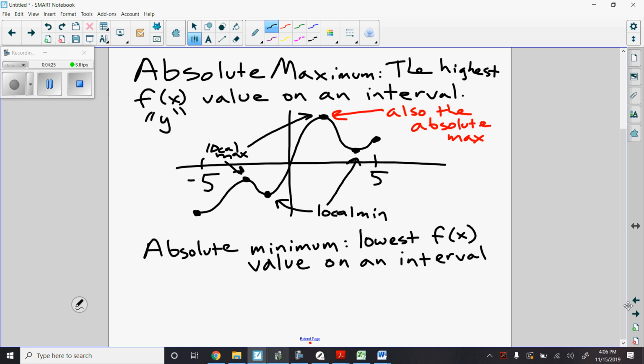And actually our lowest overall point is at that endpoint -5. And this graph right here kind of highlights the possibilities for where absolute maxes and mins can occur.